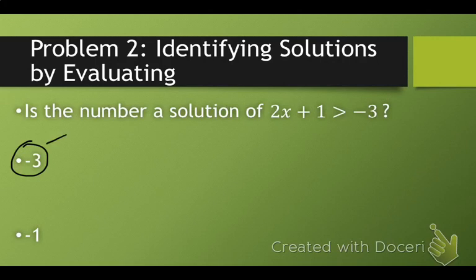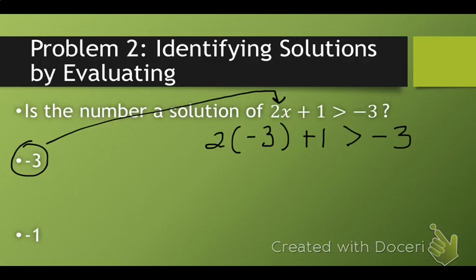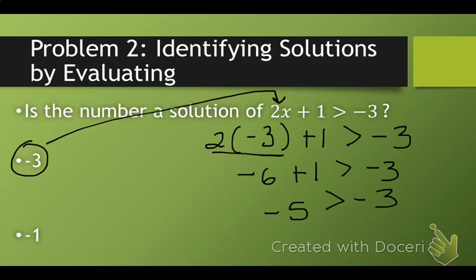So what I need to do is plug that -3 in for x. 2 times -3 plus 1 is greater than -3, and I need to solve. 2 times -3 is -6, plus 1, greater than -3. And -6 plus 1 is -5 is greater than -3. So is this a true math statement? Well, it's not. -5 is actually smaller than -3, so this is not a solution.